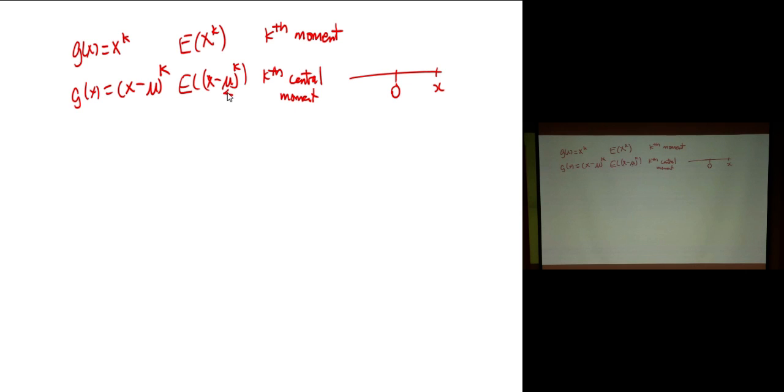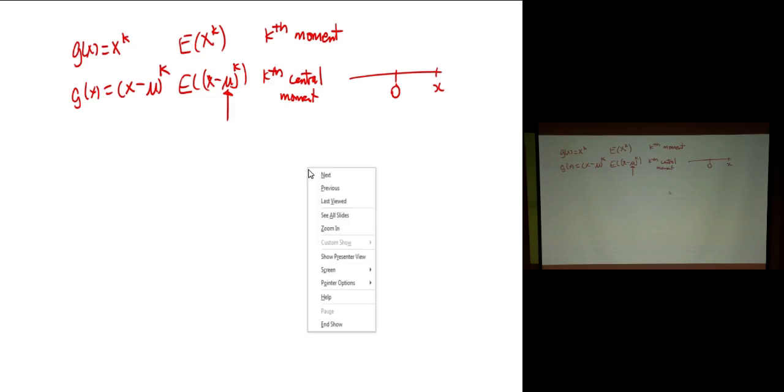Because now we measure not the difference of x from 0, since 0 may not be the center, but how x deviates from mu, and mu is considered as the center of the distribution. These are the few typical forms of g(x) that we may be interested in.